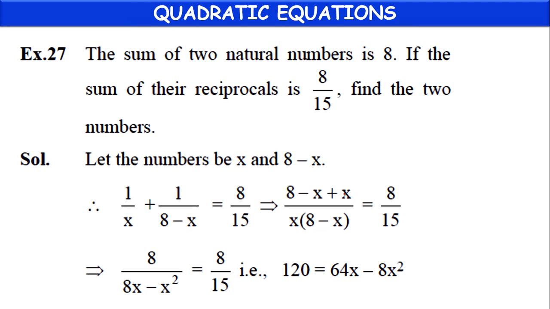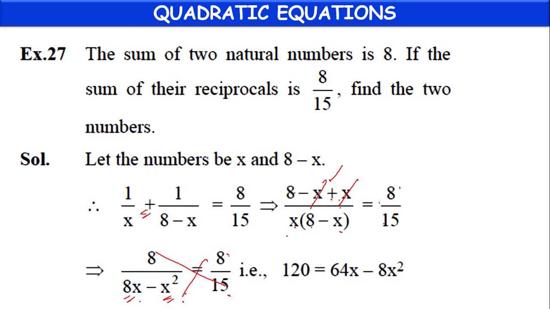X we keep in the numerator. The middle symbol is plus, equal to 8 by 15. So minus x plus x gets cancelled: 8 by x into 8, 8x, x into x, x square, equal to 8 by 15.